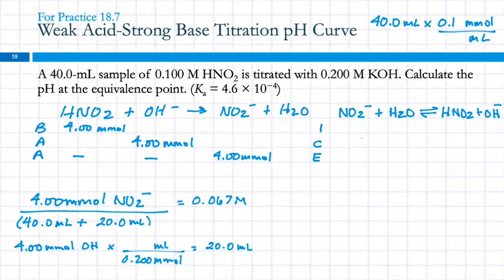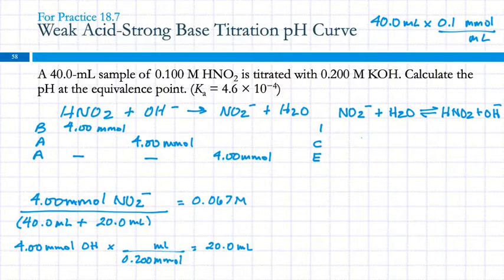She's asking about going from the BCA table to the ICE table. So, why did you reverse the reaction? Because all of my acid has reacted with the hydroxide, and what I've got left is the conjugate base. So now I'm looking at the conjugate base dissociating to form some hydroxide, and that's what's giving me a pH that's different than 7 at the equivalence point.